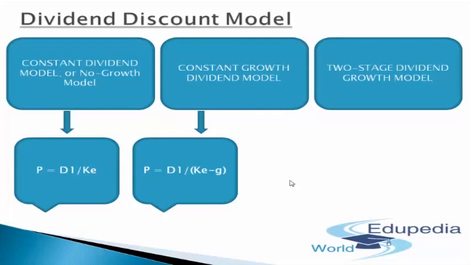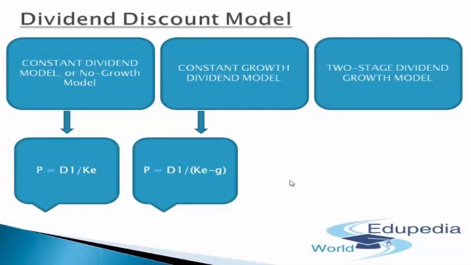This model is extremely simple, but it is extremely sensitive to the inputs towards the growth rate. And if the same are used incorrectly, it can give misleading and even absurd results. So that's the kind of problem. It has to be taken care of very cautiously, since as the growth rate converges on the discount rate, the value goes to infinity.